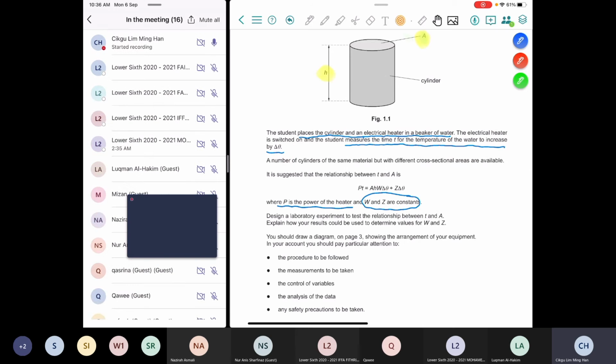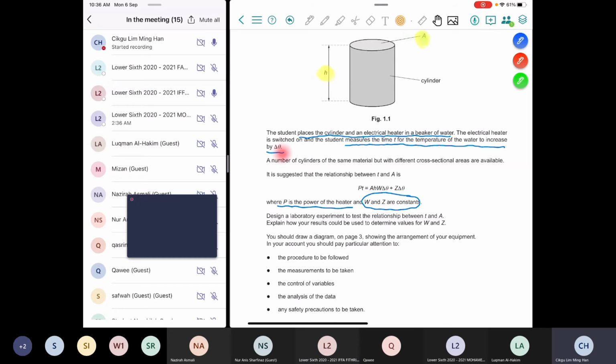What is meant by delta theta? Let me see. Faiza, are you there? Ifa? What do you understand by this delta theta? The change in temperature.